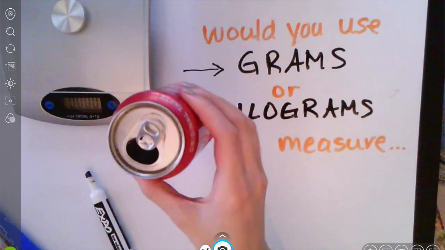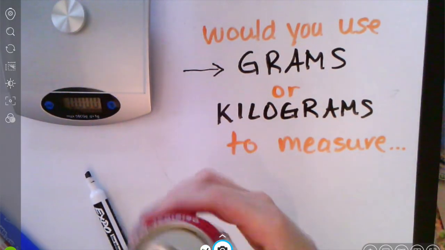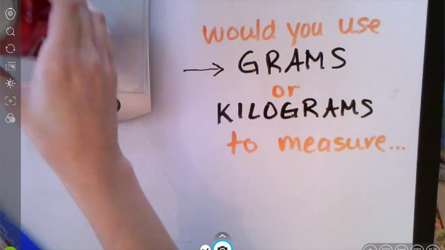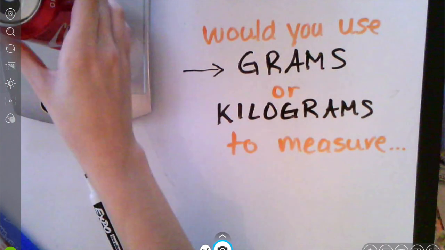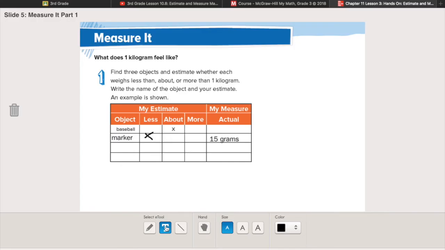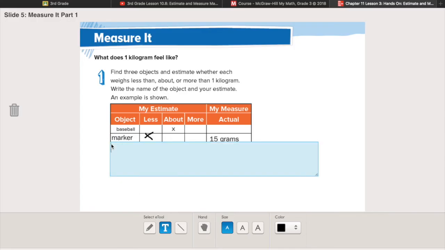The next object I have here is an open can of Coke. It's not full. What do you think? Do you think that that can of Coke, that's halfway gone, is going to weigh less than the Bible, about the same as that Bible, or more than that Bible, which is 1 kilogram? Let me know what you think. I think that the can of soda is going to weigh less.